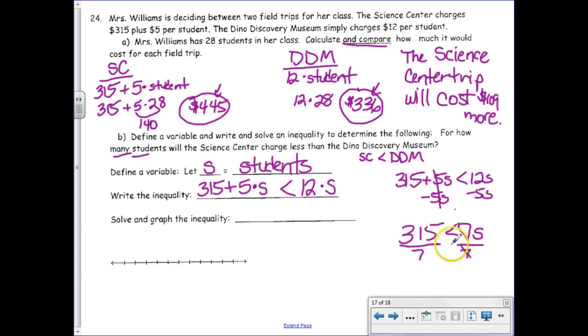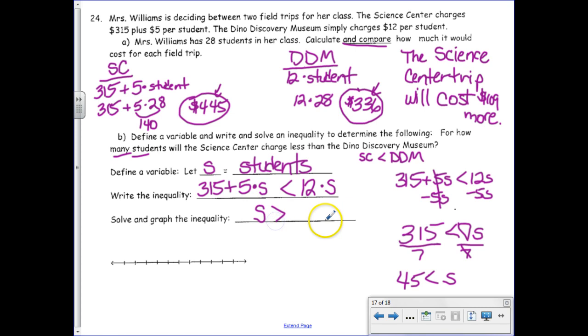Okay. So let's see here. How many times does that go in there? 45? Does that sound right? Grab your calculator. My brain is not working this morning, but I think that sounds right. 280, 35, yes.